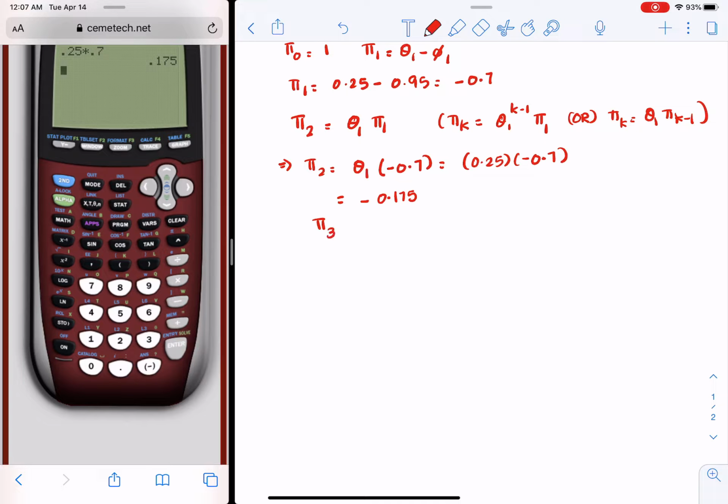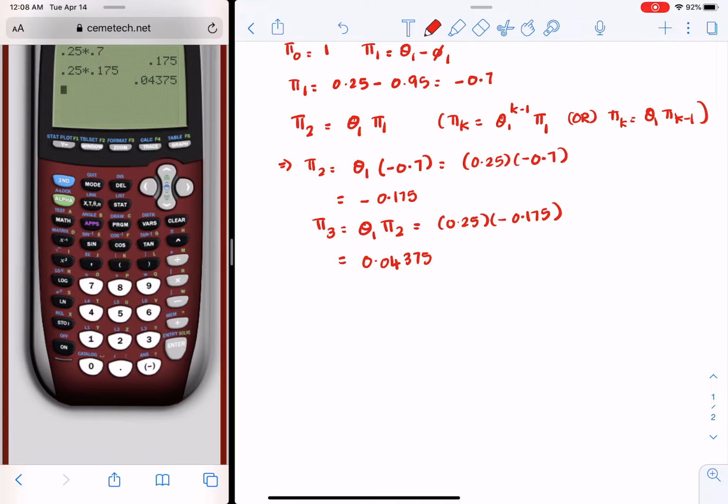And pi 3 would simply be equal to theta 1 times pi 2. So that would equal 0.25 times negative 0.175. And we would end up having 0.04375. And eventually the pi's would simply become 0.